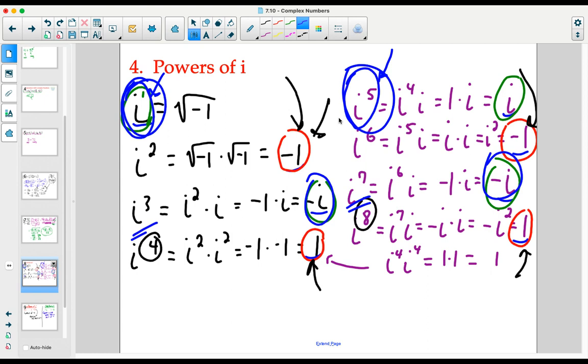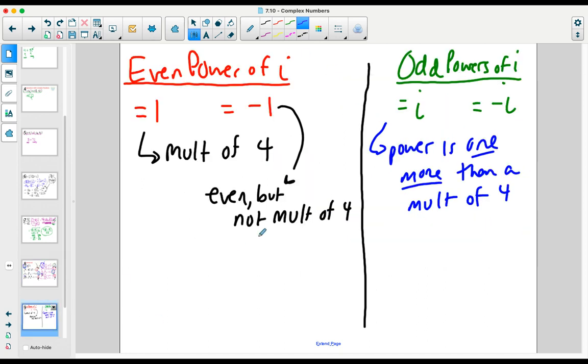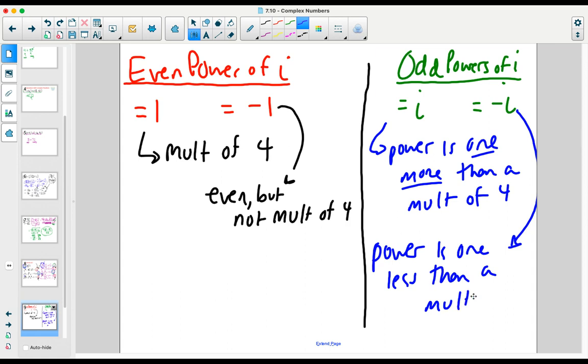But I see where they're positioned in the groups of 4, and I see them positioned directly in front of the multiple of 4. So sure, we're still going to put them into the odd category, but we're going to say that their power is 1 less than a multiple of 4.